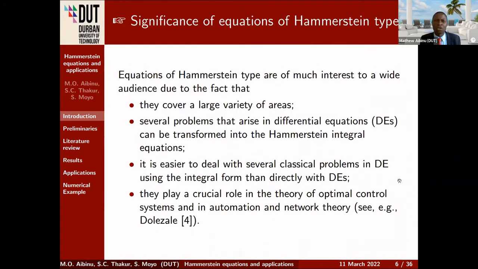Why talk about the Hammerstein equation? What makes it very important? Equations of Hammerstein type are of much interest to a wide audience due to the fact that they cover a large variety of areas. Wherever a mathematical problem is involved, I can say that the equation of Hammerstein type is applicable. Wherever mathematical modeling is involved, the integral equation of Hammerstein type is applicable there.